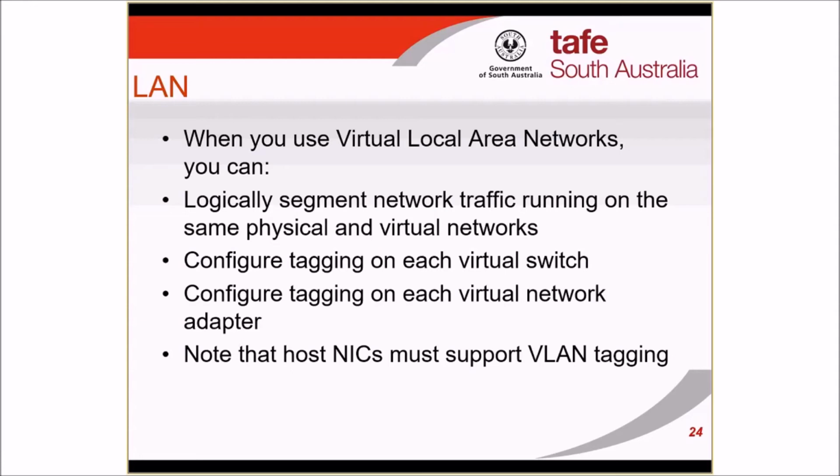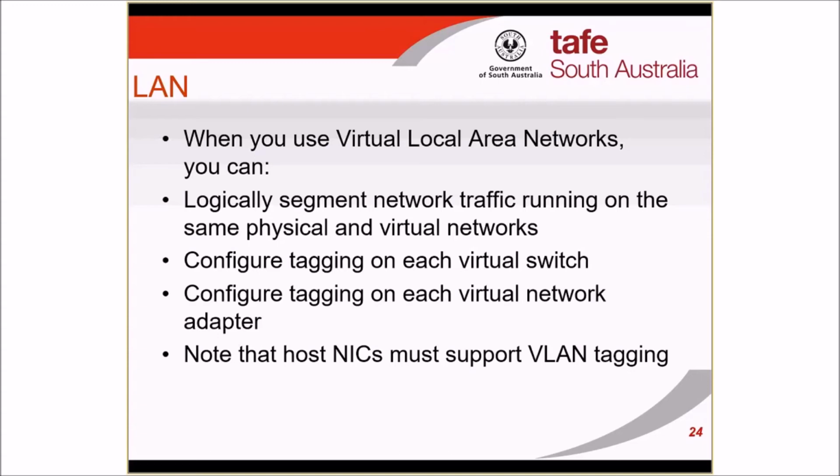So we can configure a virtual switch in our virtual environment to have VLANs as well, and configure tagging on each virtual switch and tagging on each virtual network. Basically, when we tag traffic with a particular VLAN, only other computers or virtual machines on that VLAN can see that traffic or get that traffic.